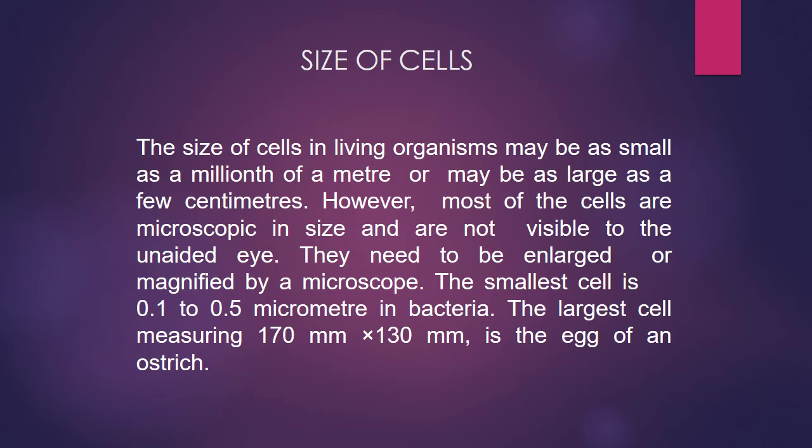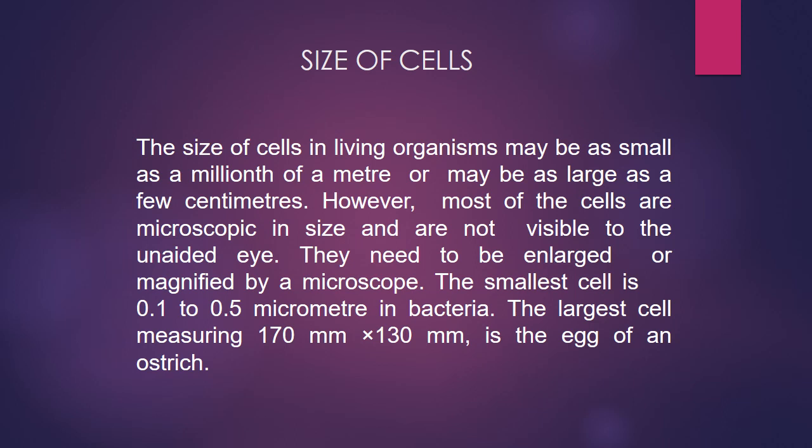As we have discussed, the cells may be of various shapes and sizes. Cell may be as small as a millionth of a meter. It could be 10 raised to power minus 9 meter. Or it can be as large as 170 mm into 130 mm as that of the ostrich egg.